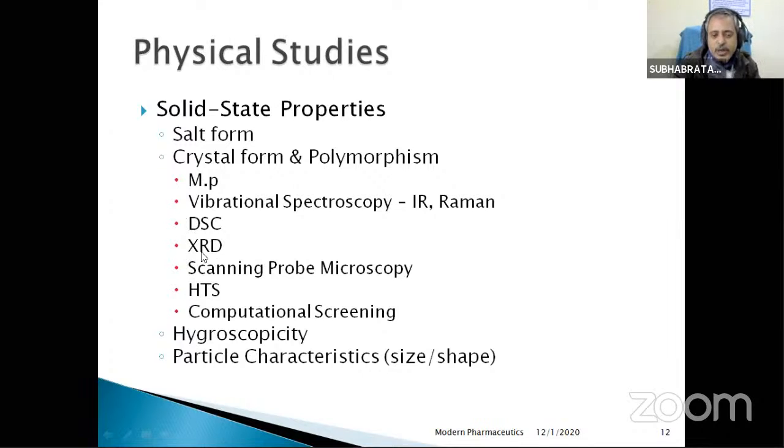So usually what we do, when we work on our, say, even in formulation projects, to understand the crystal nature and polymorphic nature of the drug, is we take the data from melting point, we take the data from IR. Raman we may not always get, but if you get it, it is better. We take the data from DSC, we take the data from XRD, and all the data we combine together and build the picture of the crystal form or the polymorphic nature of the drug.